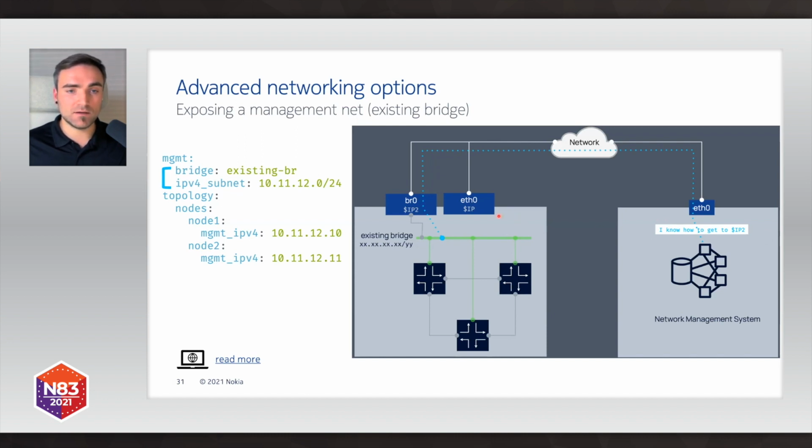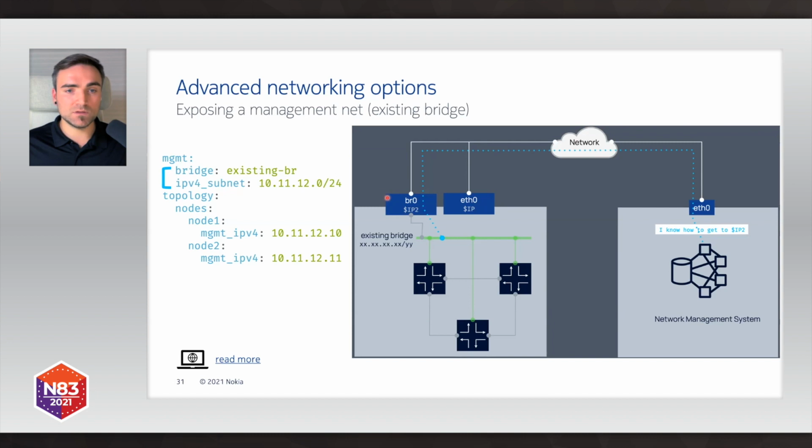To do that, you can leverage the existing bridge capability that Containerlab has. It allows you to say, dear Containerlab, when you deploy the lab, please use the existing bridge that I have on my machine. Containerlab will then connect the nodes to the bridge, which was already created by your system administrator or by yourself.